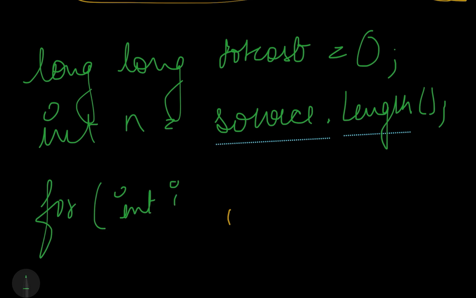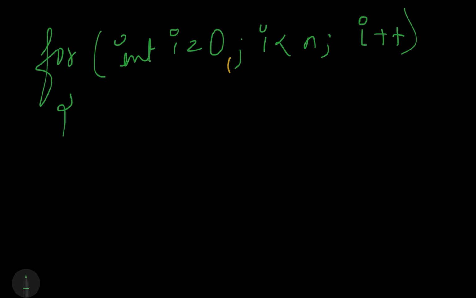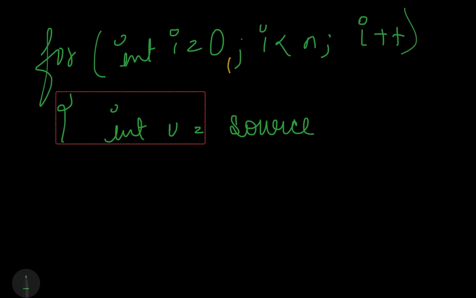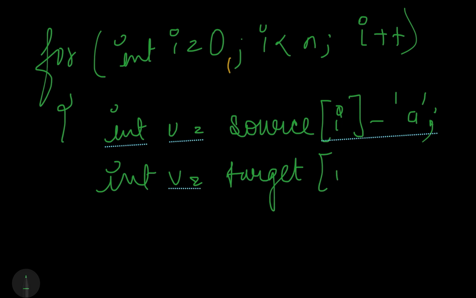For int I equal to 0, I less than n, I plus plus, then we'll convert again our characters into indices, because in our distance vector matrix we have stored our characters in the form of indices only.